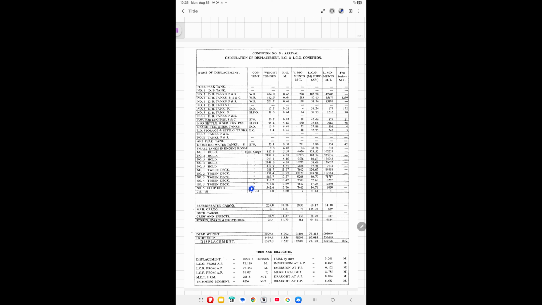Then number 5 poop deck, entire cargo 542.6 tons, KG 13.76, and vertical moment was 7466. So here entire cargo was discharged, so I took even the vertical moment directly from here. In number 1 and 3 only part cargo was discharged, so I have to multiply by the KG.